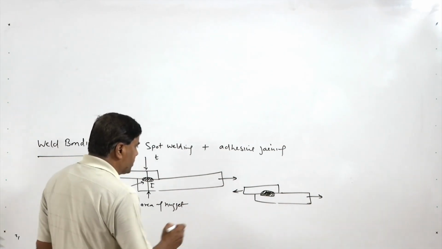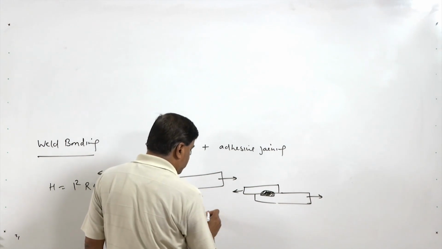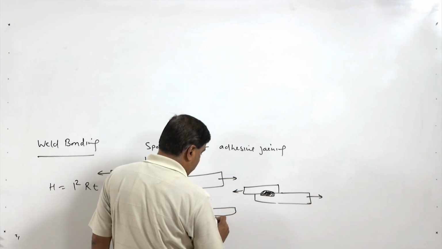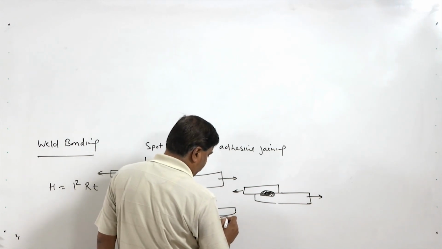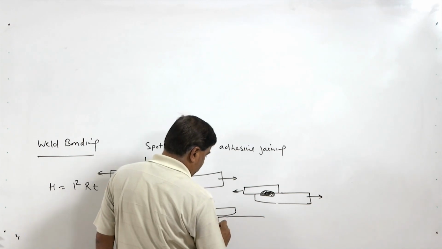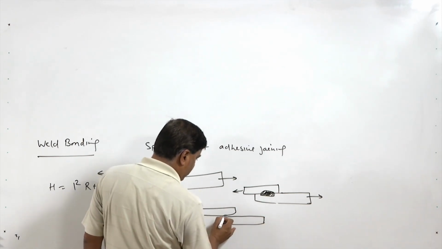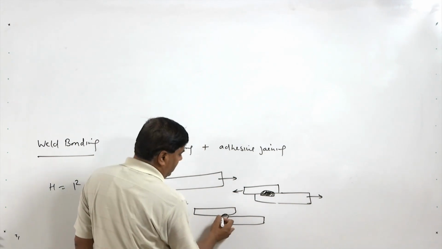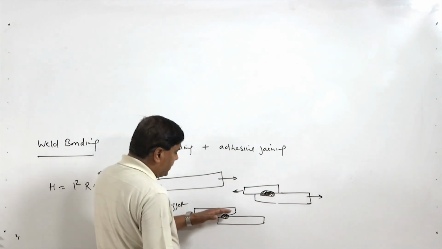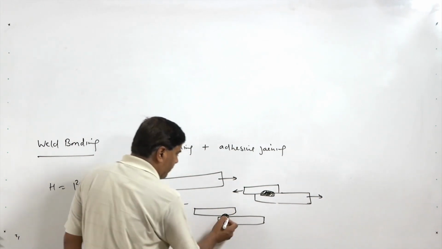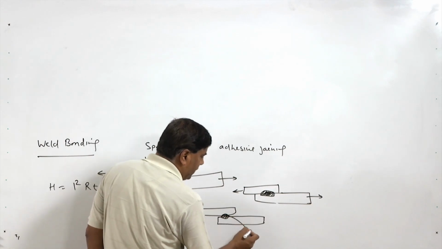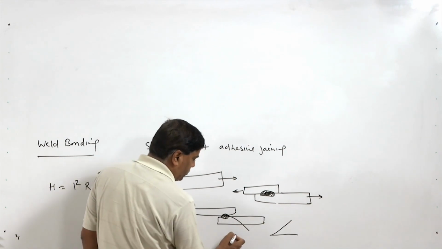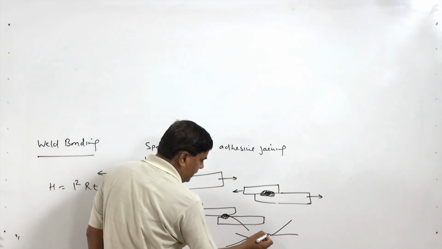But in this joint configuration, one plate comes like this and another plate comes like this, and due to melting and then consolidation, the nugget is produced. The junction between these two plates has a very low angle connection like this, with the nugget on both sides.